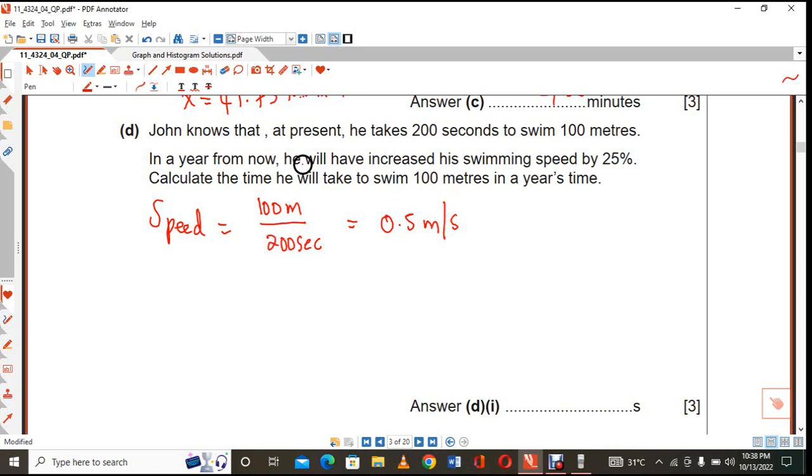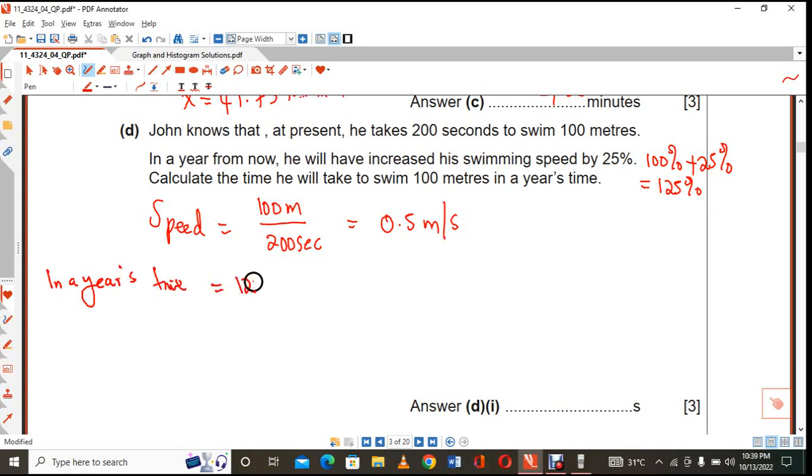In a year's time from now, he will have increased his swimming speed by 25%. When someone increases his speed by 25%, that means you take 100% of what it is now and add 25%. Remember, in the exams, you're not supposed to write in this margin, because it's for the markers. So let us find his speed in a year's time.